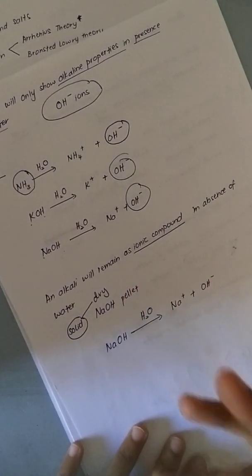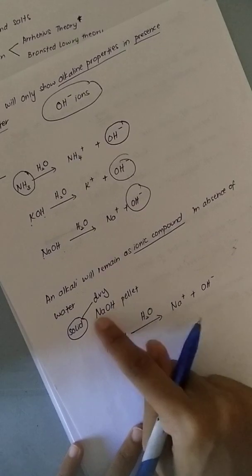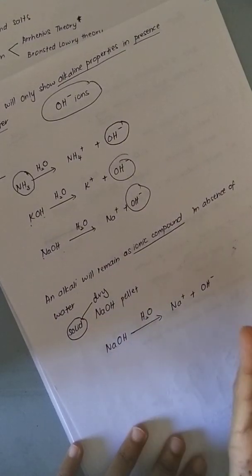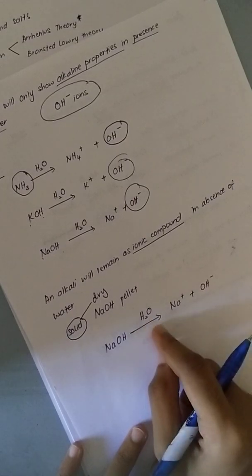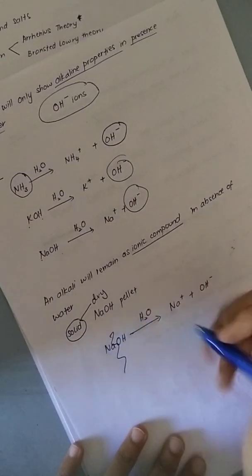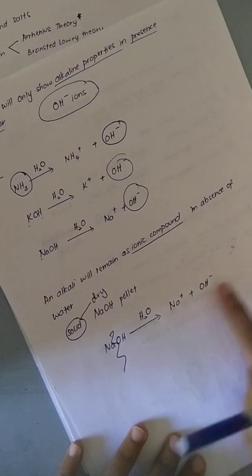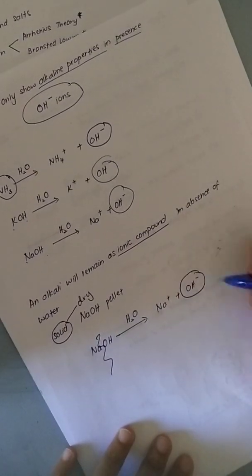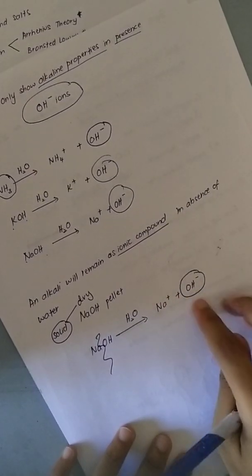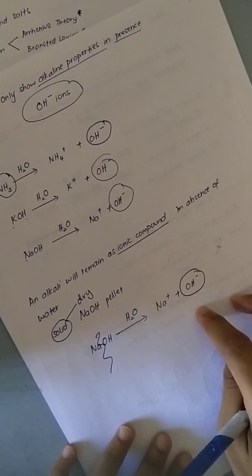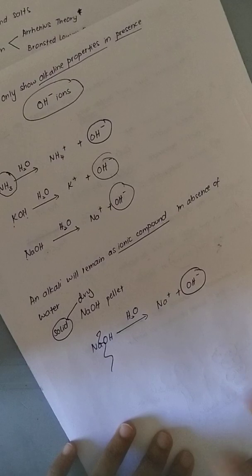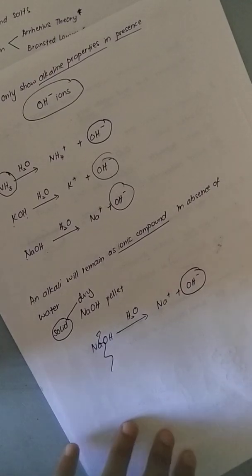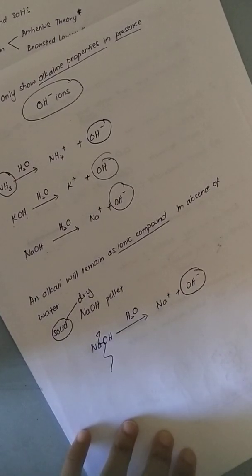If it is dry, in the absence of water, it remains as just an ionic compound. But the moment I dissolve it in water, this water will dissociate it into sodium ion and hydroxide ion. This hydroxide ion is corrosive. It will give all the alkaline property. So if I take a sodium hydroxide solution, meaning it has water, and I pour it on my hand, it will burn.